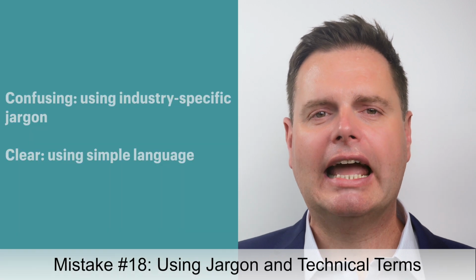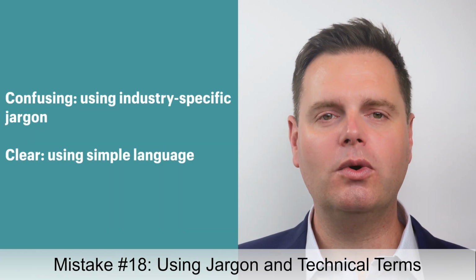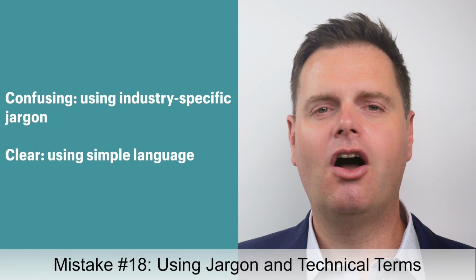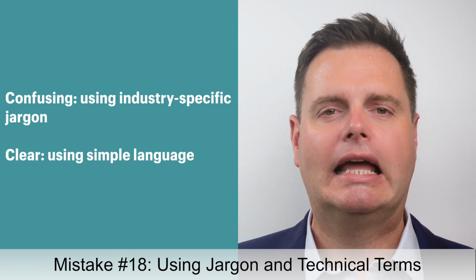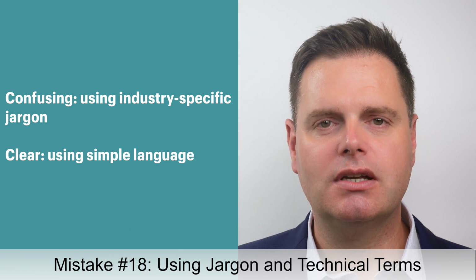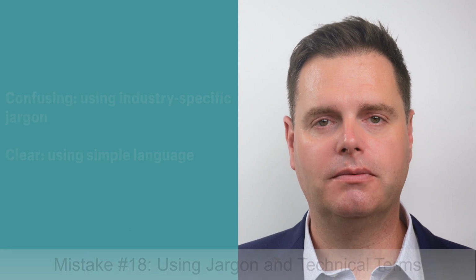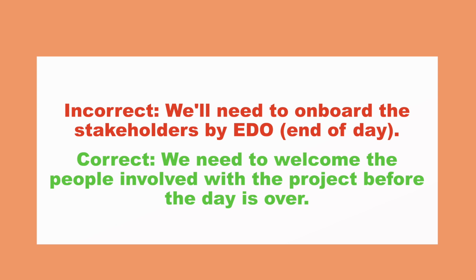Jargon. It's like a secret code that only certain people understand, often used in specific jobs or industries. It can be really confusing to others who aren't in the know. When you say, "We'll need to onboard the stakeholders by end of day," it can be confusing because of the uncommon words.